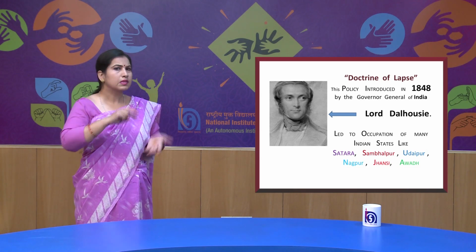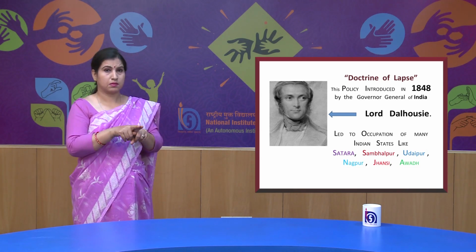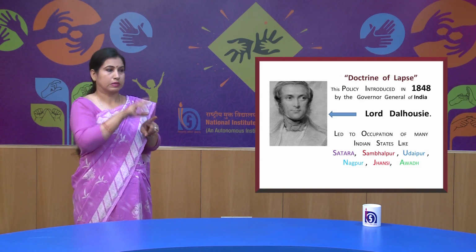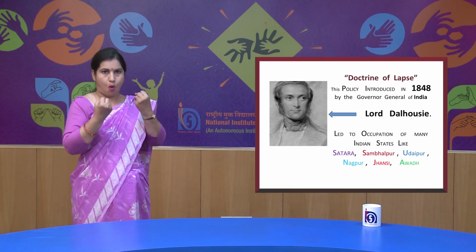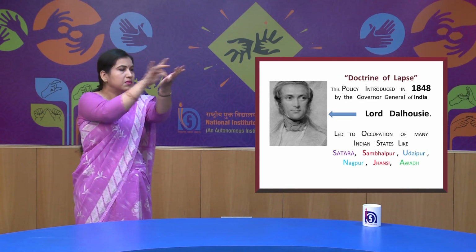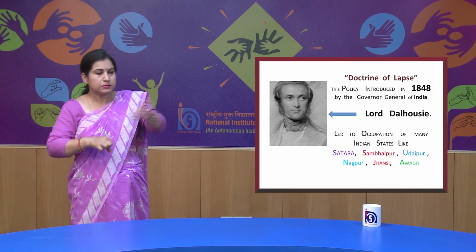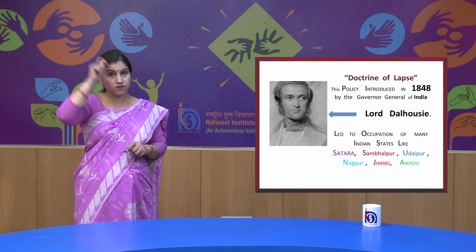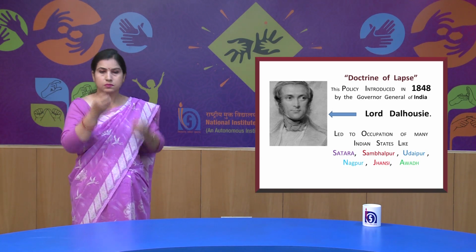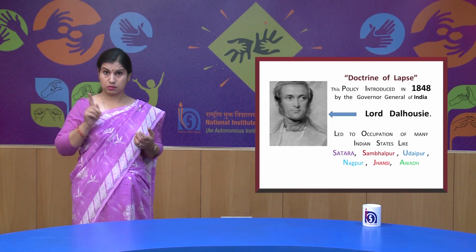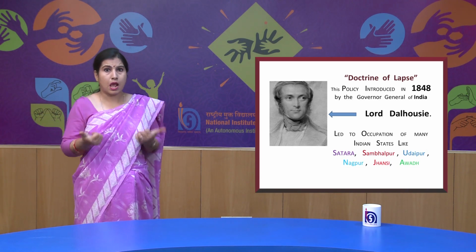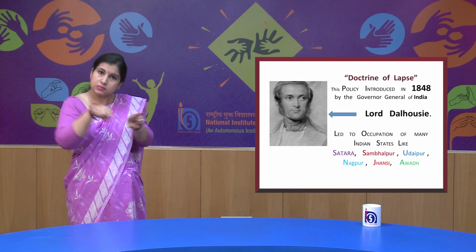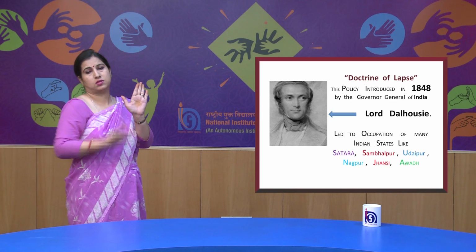The main reason behind the introduction of this policy was to annex more and more independent Indian states. Learners, you will be surprised to know that the British were able to annex many Indian states due to this unfair policy.